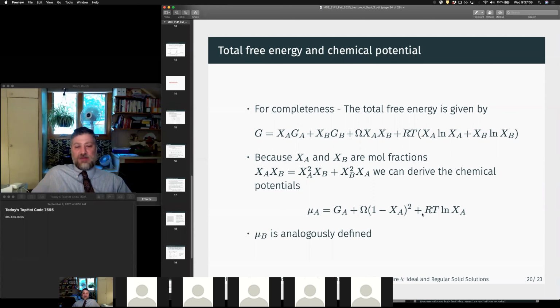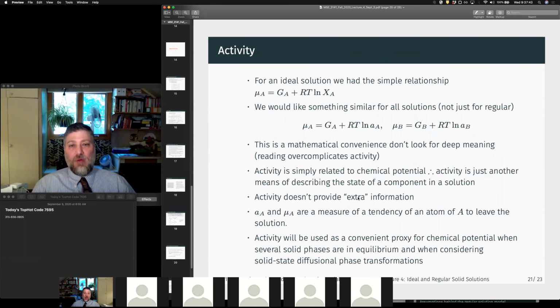It's got a correction factor here: omega times the quantity 1 minus the mole fraction, squared. Whereas for an ideal solution, we just had RT ln of the mole fraction. So this is just the derivation of the chemical potential. We don't really need to use it. We can still think about the tangent in the same way.